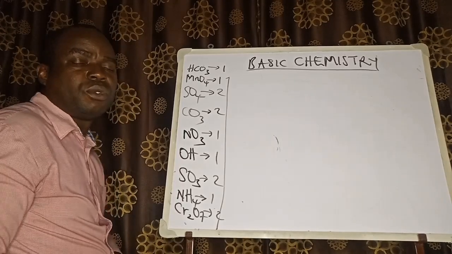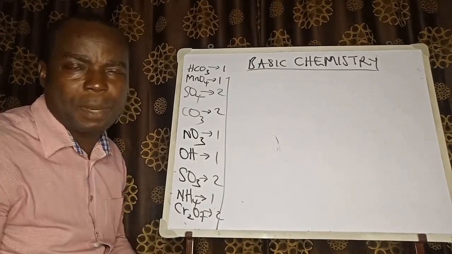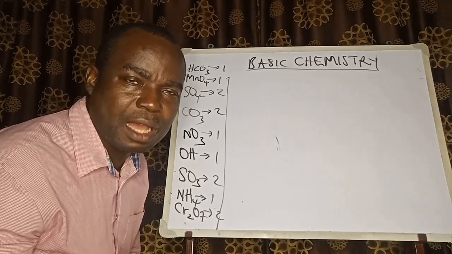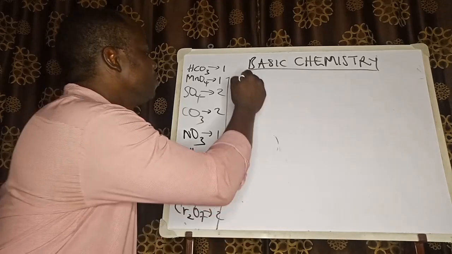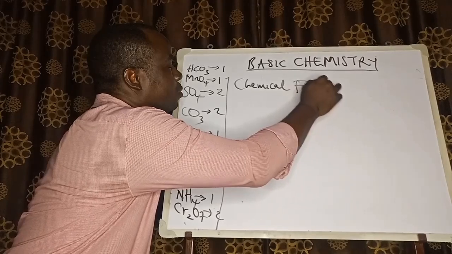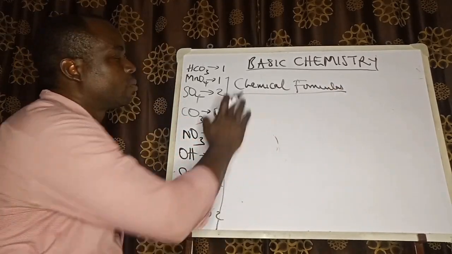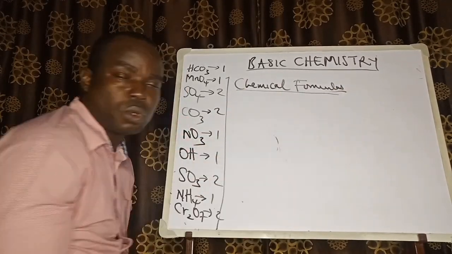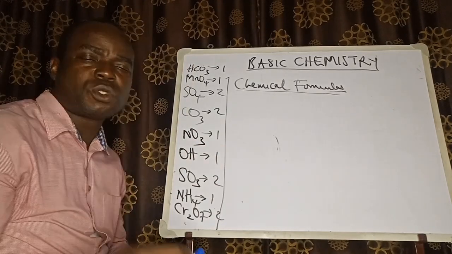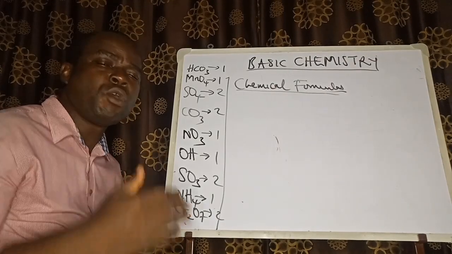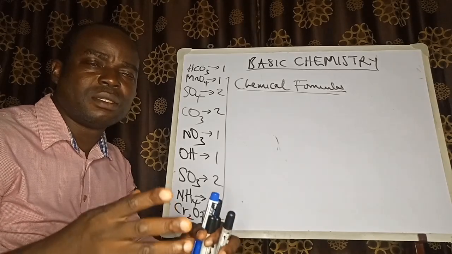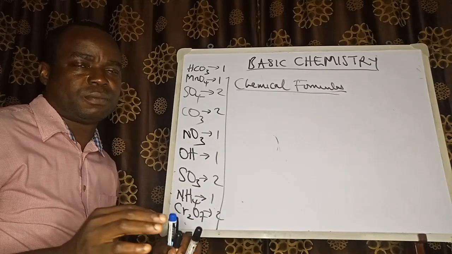Okay, now the topic I want us to talk about is what we call chemical formulas or chemical symbols. Meanwhile, at the end of this video, what you're expected to have learned is how to write the chemical formula of any compound you are given.